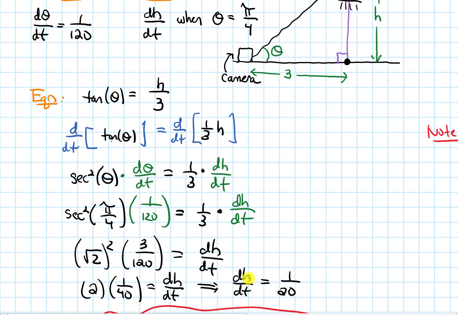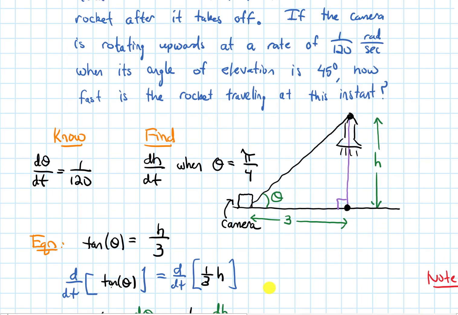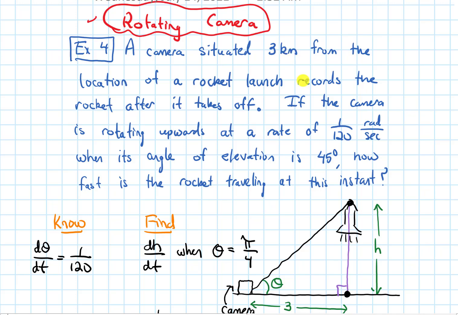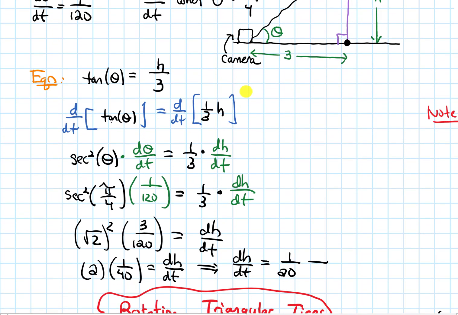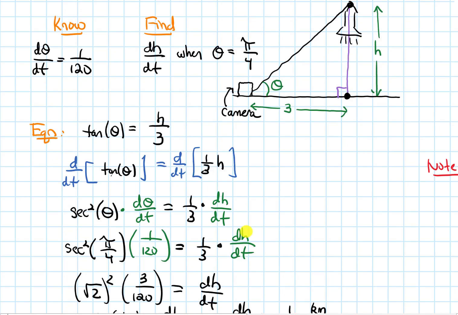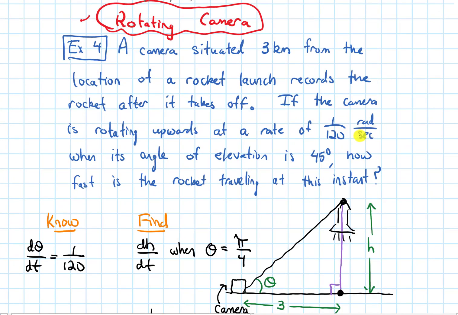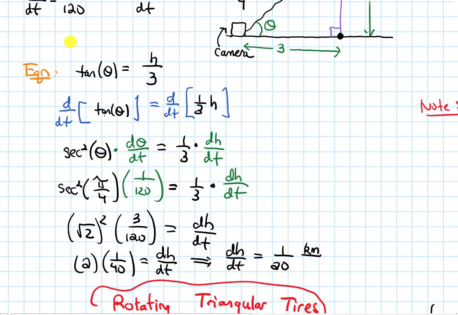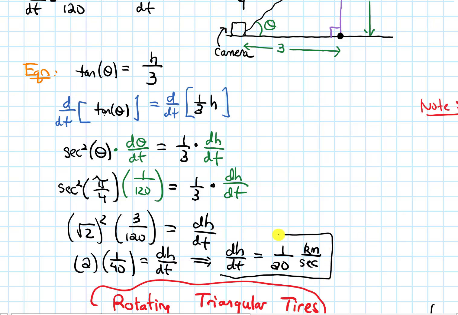The units are going to be the units of h on top, and the units of length in this problem were kilometers. So on top I'll have kilometers, and on the bottom I'll have units of time, which in this question are seconds. So I'll have that over seconds. And that is my answer. That is how fast the rocket is traveling.